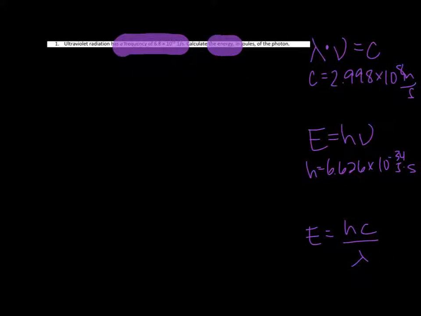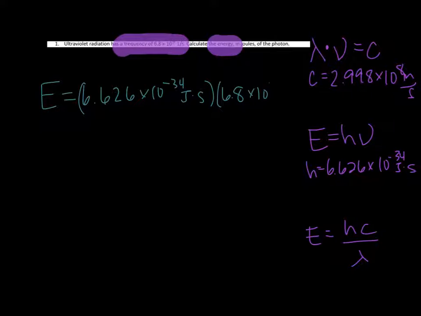So I'm going to write out energy is equal to, and then H is 6.626 times 10 to the negative 34 joule seconds. And then frequency is 6.8 times 10 to the 15th inverse seconds. When I take a look at this, seconds cancels out and I'm left with joules. So now I just have to put this into a calculator and get my answer out.